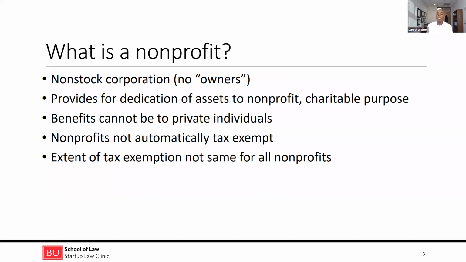That ownership is really viewed largely as being held by the public, and you're essentially operating the nonprofit for that public benefit. So to that point, the assets that are provided to a nonprofit become the nonprofit's assets and are dedicated to advancing the nonprofit or charitable purpose. And that becomes important because once assets become associated with a nonprofit, it becomes harder to bring them out of the nonprofit and back into the private space.